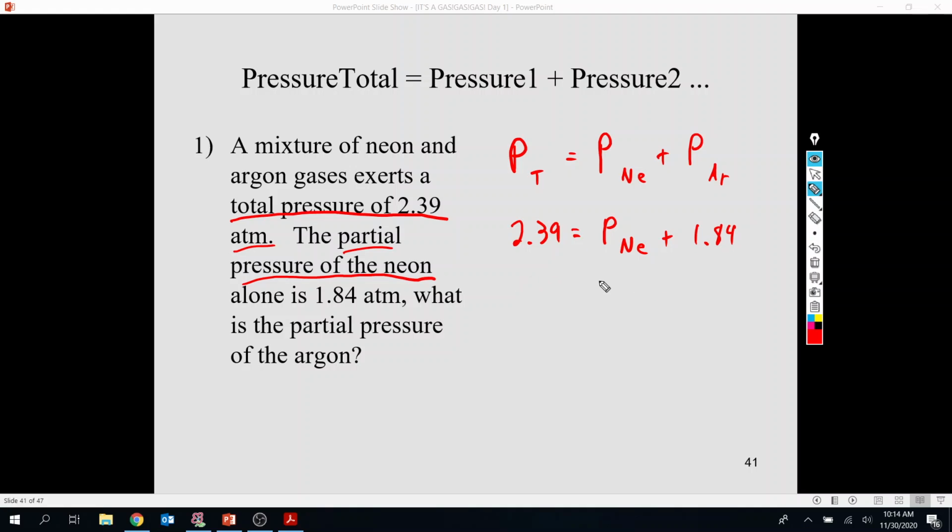And so it's easy to see that if we take 2.39 and subtract 1.84, that will leave us with just the pressure of the other gas. Let's see, 9 minus 4 is 5. Did you know you could do this without a calculator? It's cool. 13 minus 8 is 5, I think. And then my 1's subtract away. And so that is then the partial pressure, 0.55 atmospheres.